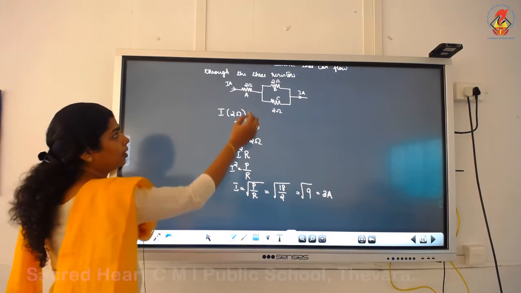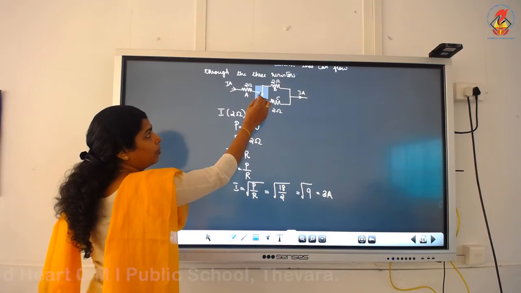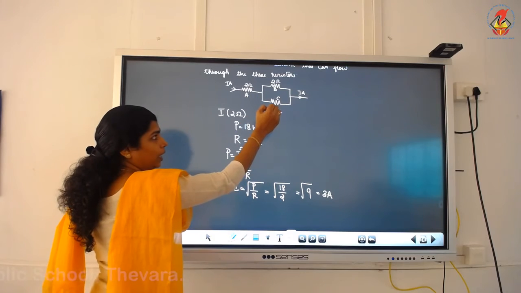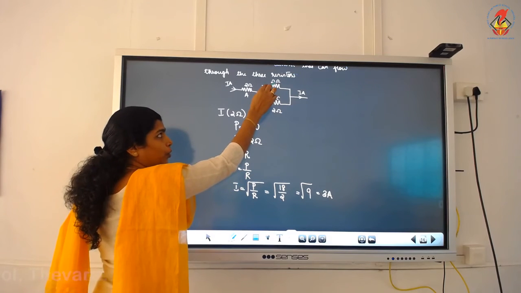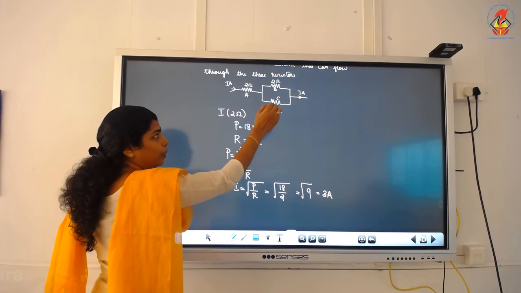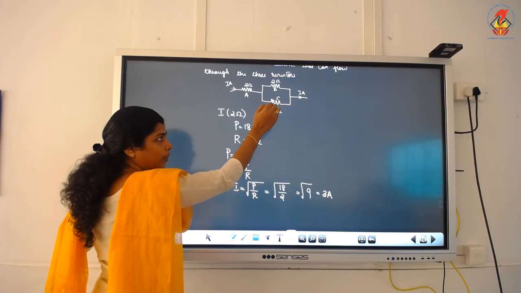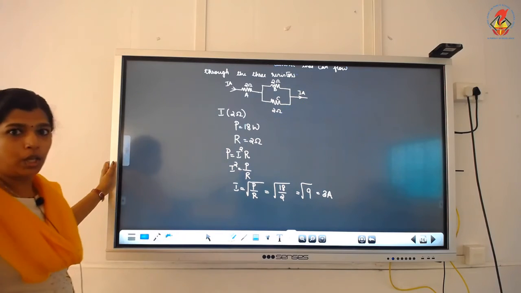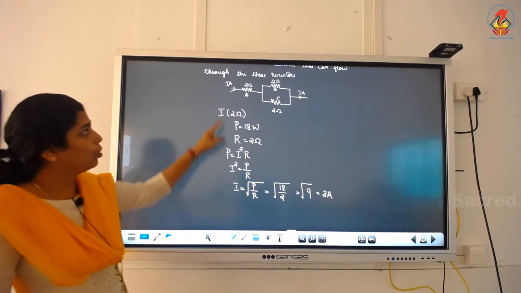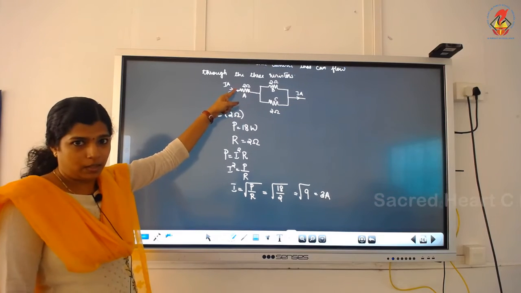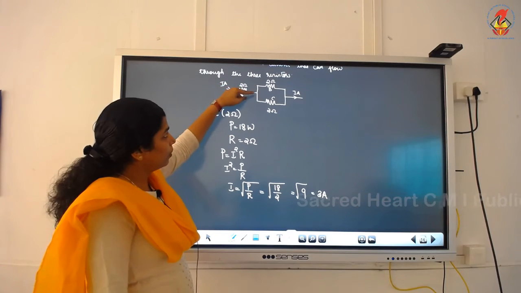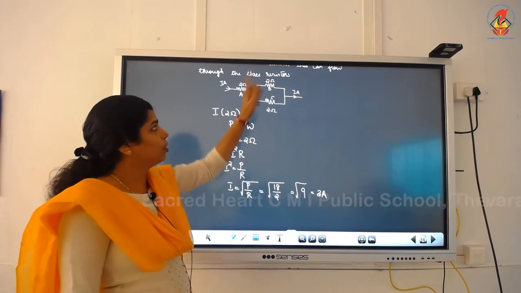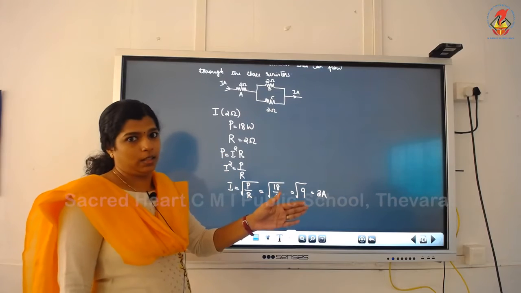Then at this point, this 3 ampere current will divide equally, and 1.5 ampere will flow through this one, 1.5 ampere through this one, because B and C have equal resistance.